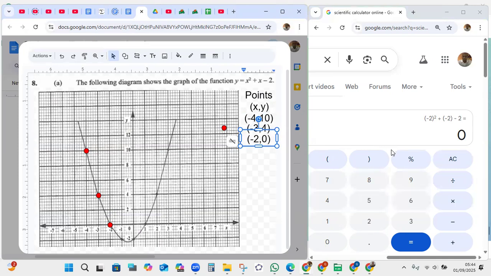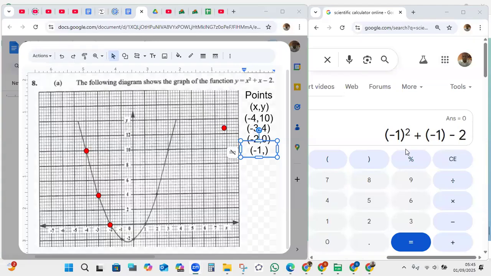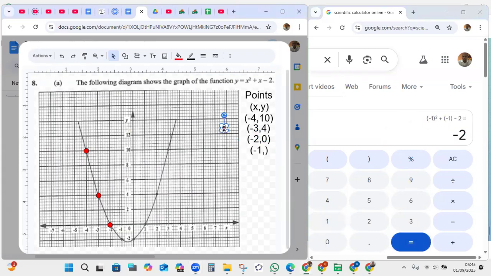And then we are going to do this for -1. So when we substitute -1 in the x position, the y value ends up being -2. Okay, so we locate -1 on the x-axis. Here is -1. And we've got to go down to locate -2.